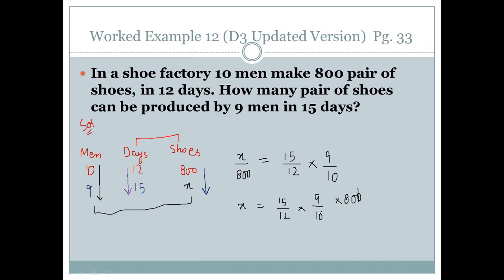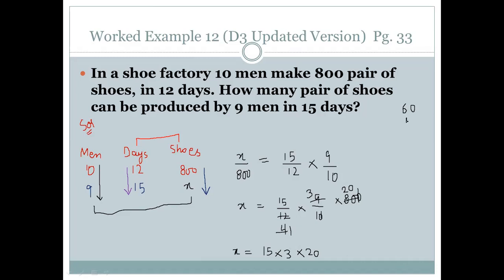So 0, 0 cancel. 3 threes are 9, 3 fours are 12. 4 ones are 4, 4 twos are 8, 0 as it is. x is equal to 15 into 3 into 20. 3 zeros is 0, 3 twos are 6, 60.